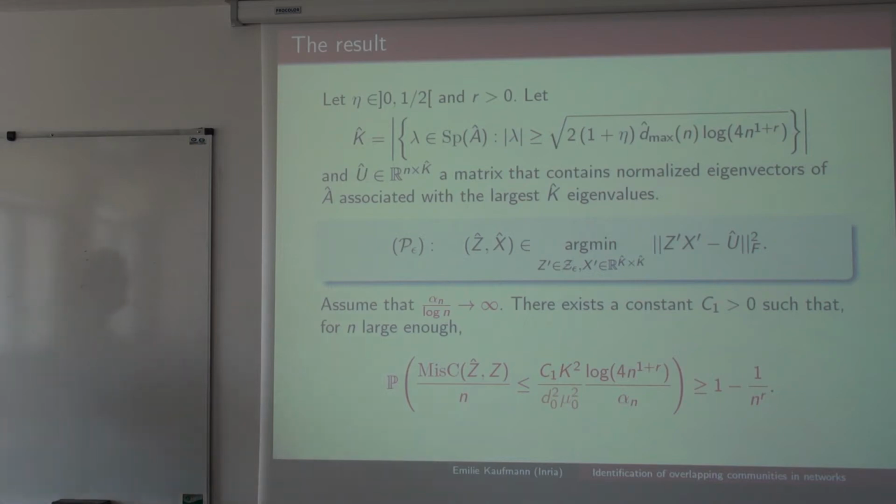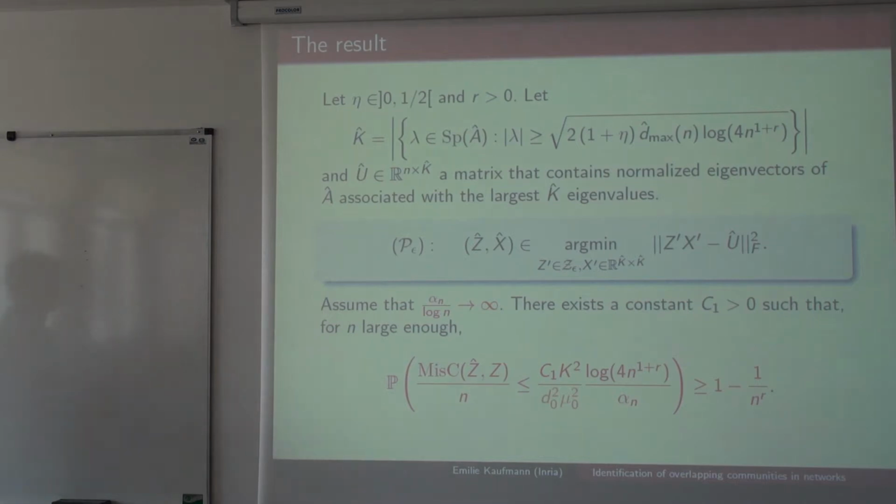Then with high probability, we upper bound the number of misclassified nodes for the estimator Z hat by something of the form log n divided by alpha n. And here we recover the two constants that I introduced before and that are related to these small matrices that govern the spectrum of A.